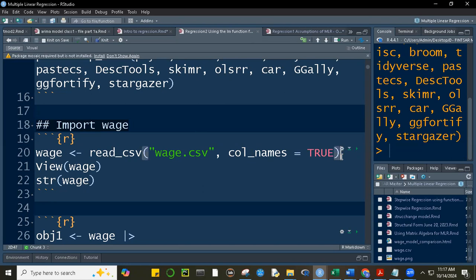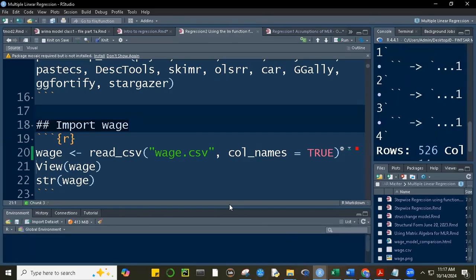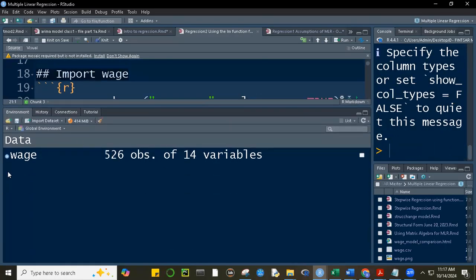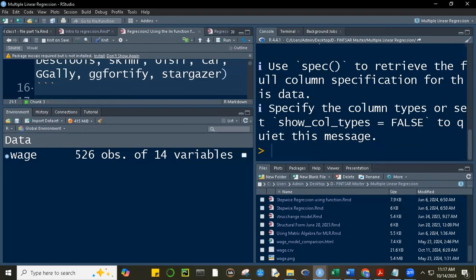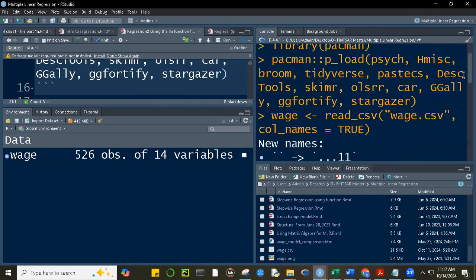I haven't run this. Let me load the file first. And then I'm going to see that I have the wage data set here. Okay, it's here. It's a data frame. In fact, when we loaded it, class, we were given some information about it automatically.